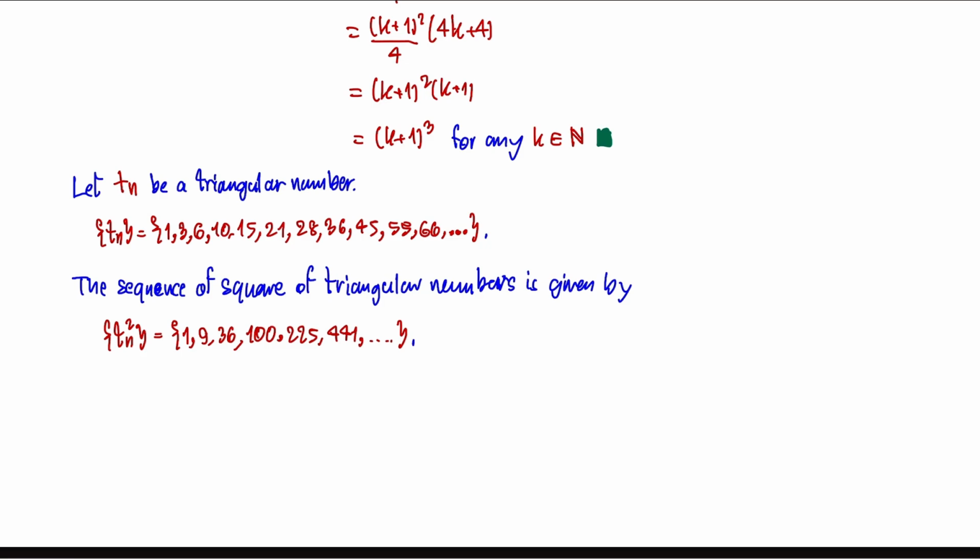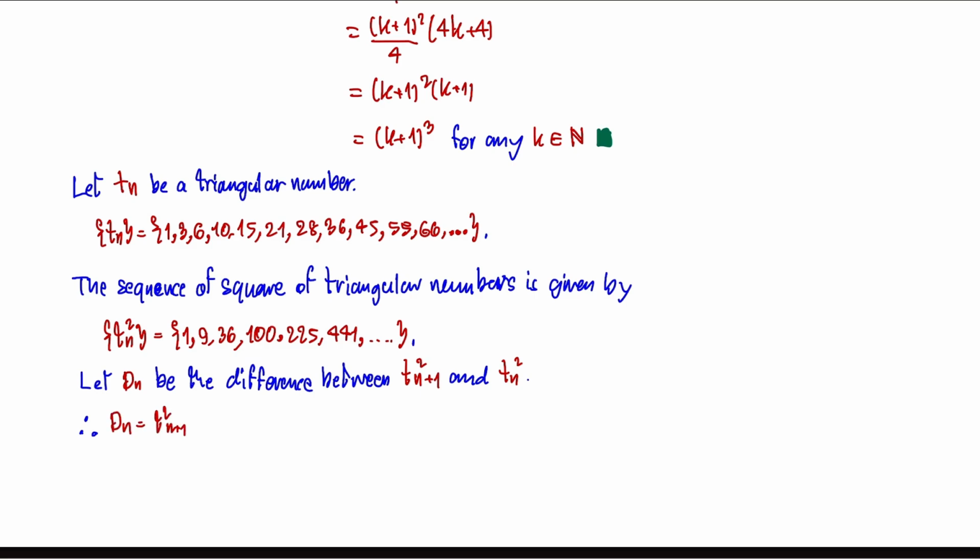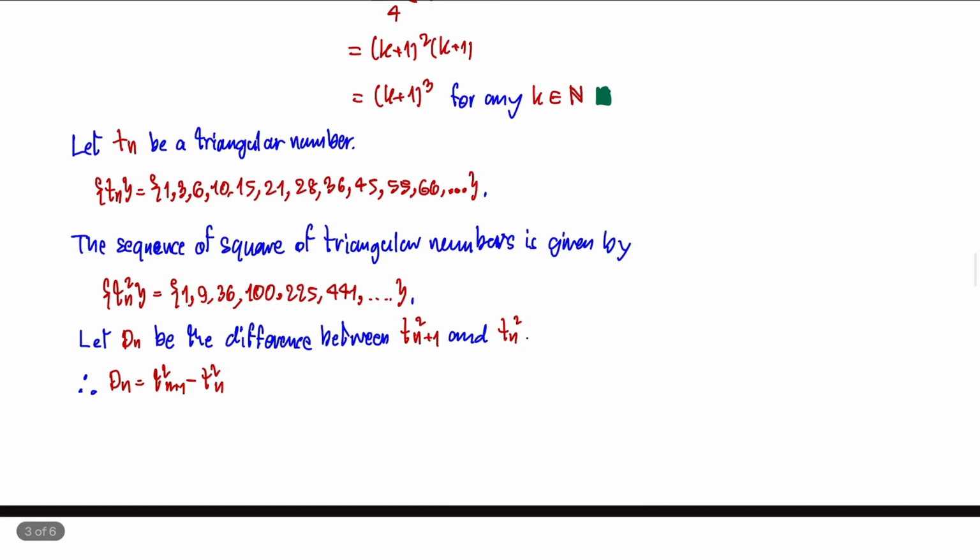Let d_n be the difference between T_(n+1) squared and T_n squared.